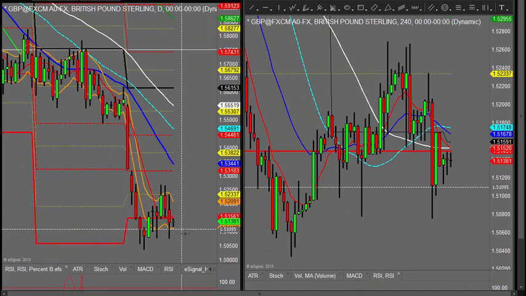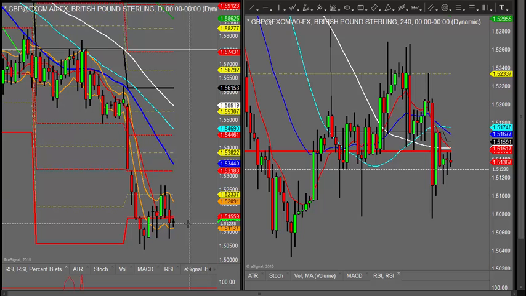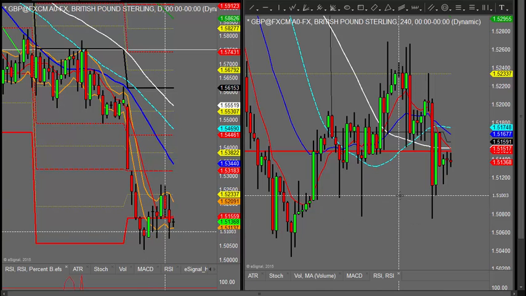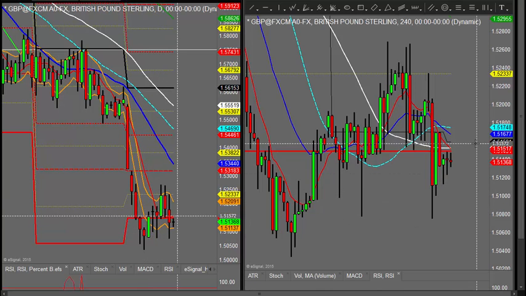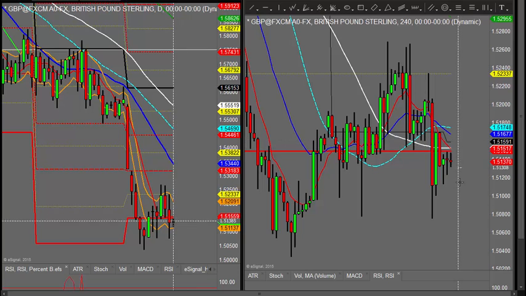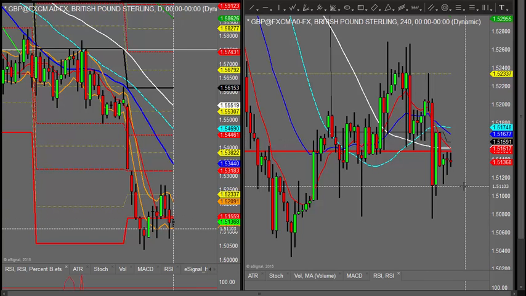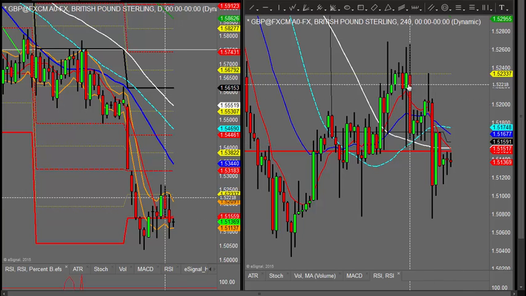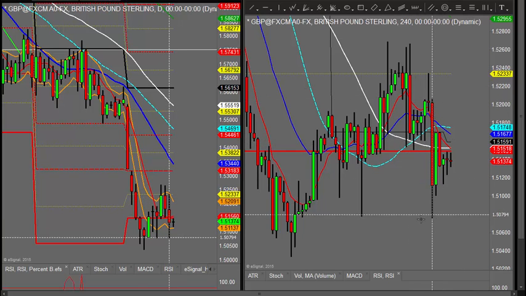With cable, much messier pattern on the last week in the dailies, sitting all over the S3. It could end the month above the S3, but we've still got some time to go yet. The weekly pivot is above us at 159, so there's a bit of an upside target from that point of view. But again, it's so messy with these lower highs and lower lows.